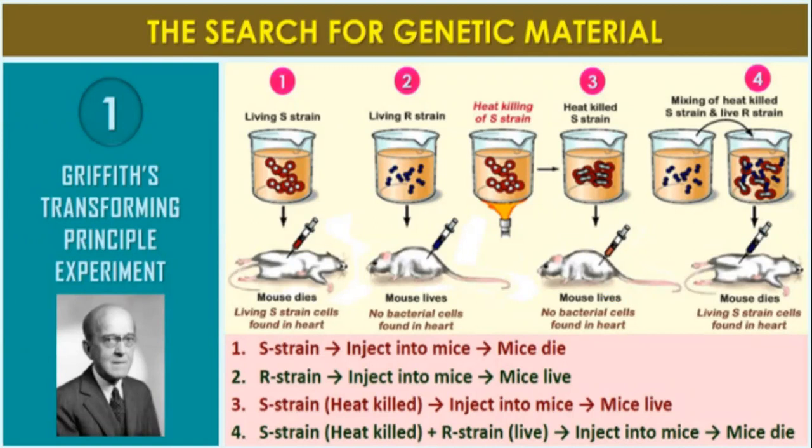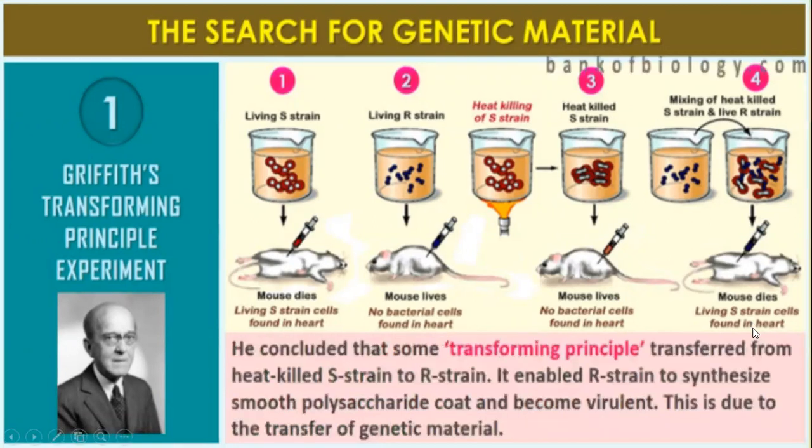After that, he combined them. He injected heat-killed S strain bacteria and live R strain bacteria into the mice, and the mice died. He found living S strain cells in the bacteria, and therefore concluded that some transforming principle is transferred from heat-killed S strain bacteria to R strain bacteria, enabling R strain to synthesize the smooth polysaccharide coat and become virulent.